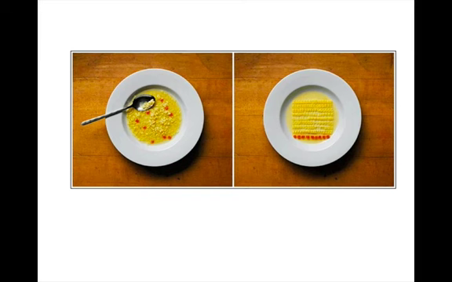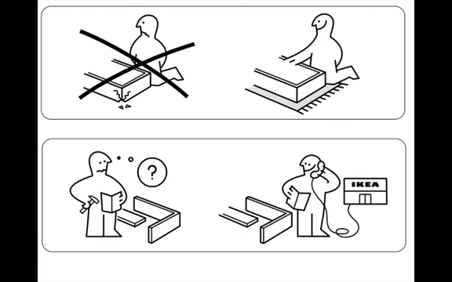Because that way, it's very easy for us to know where to look to find out who you're citing. There's a reason to this madness. Essentially, if you don't have the instructions, you're not going to be able to put together your Billy bookcase. And if you don't understand the reason behind the citations, if you don't follow the instructions of how to cite, it's going to be really hard to put together your essay.